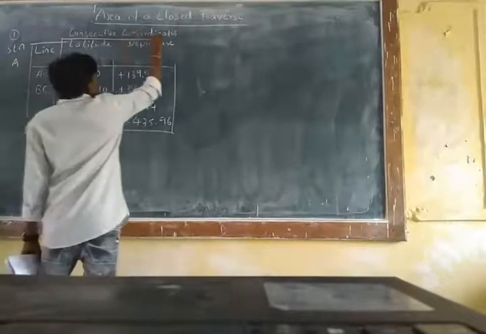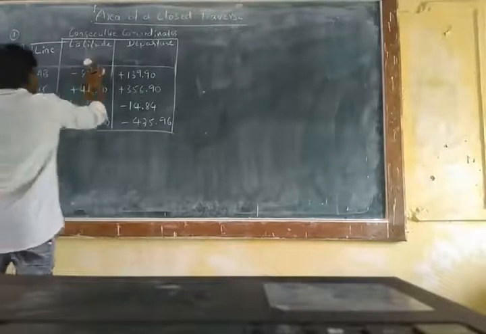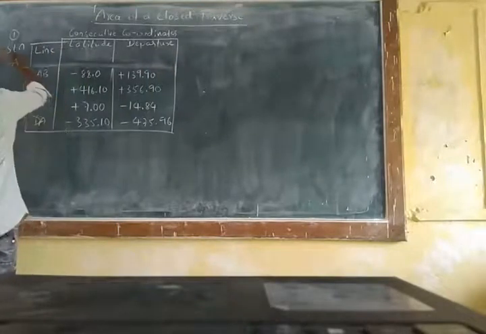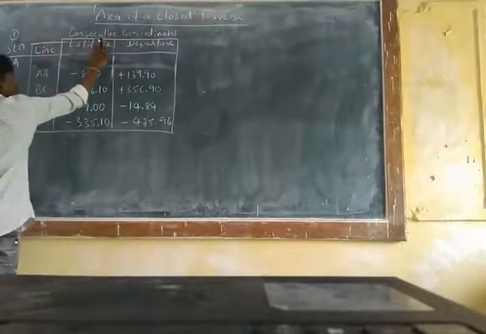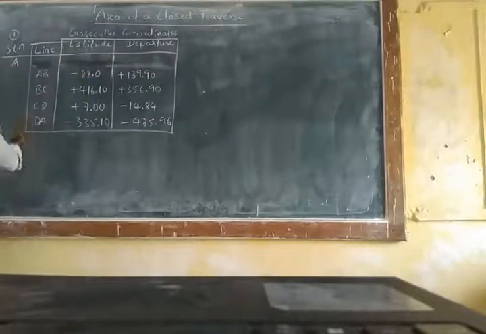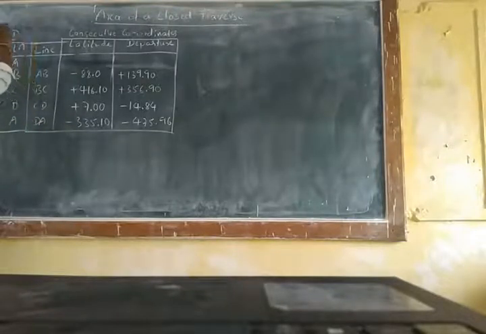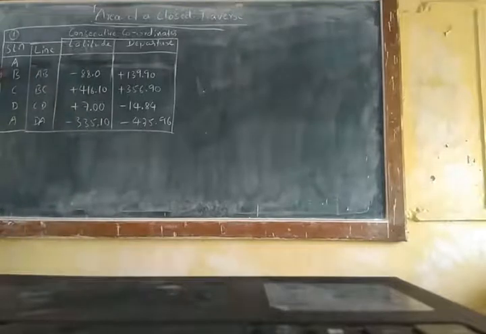Now this is the table. Look at here, there are 4 stations, and again the 5th station will be the first station.